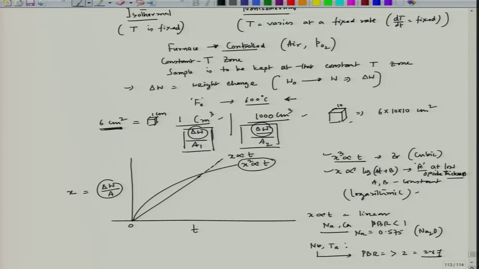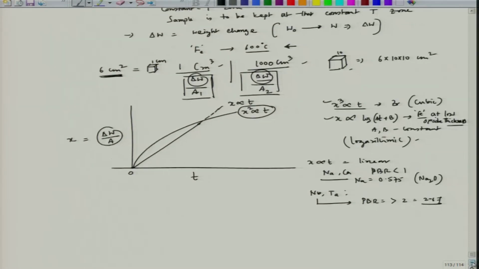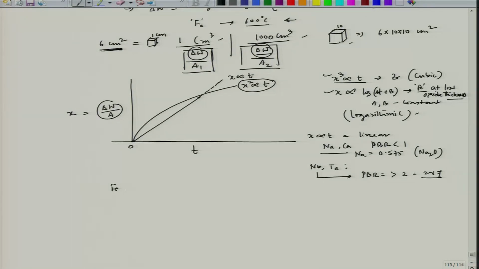But in case of iron, if the temperature is more than 540 degrees Celsius.